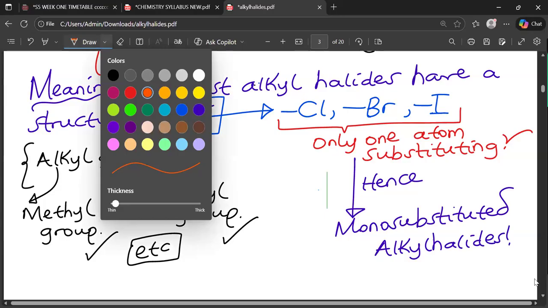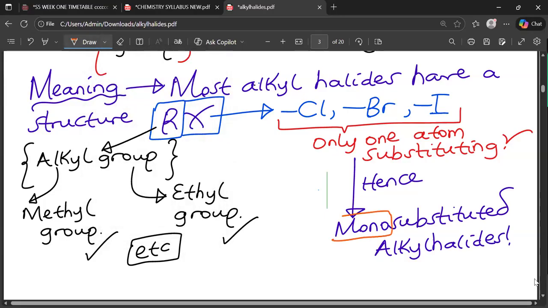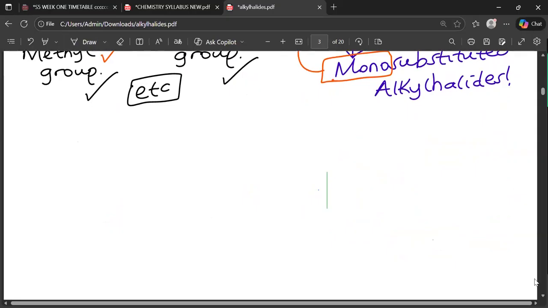One Cl has replaced one hydrogen. So this monosubstitution goes to one. Only one. Yes, the mono part means only one. Alkyl halides, I think you can see the alkyl groups, how they are going to attach the chloro group, the bromo group, the iodo group, the ones they collectively call halo groups. So when you see the structure RX anywhere, I don't want you to be confused at all.